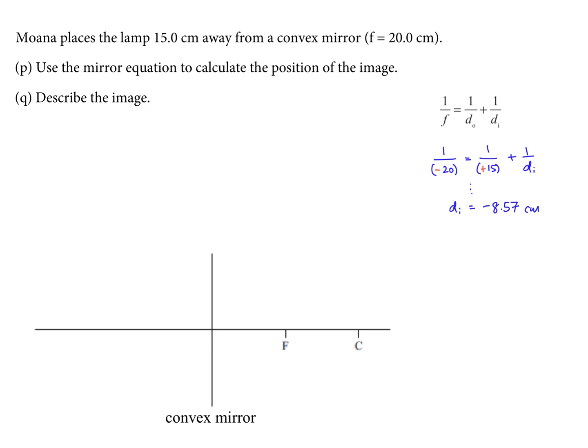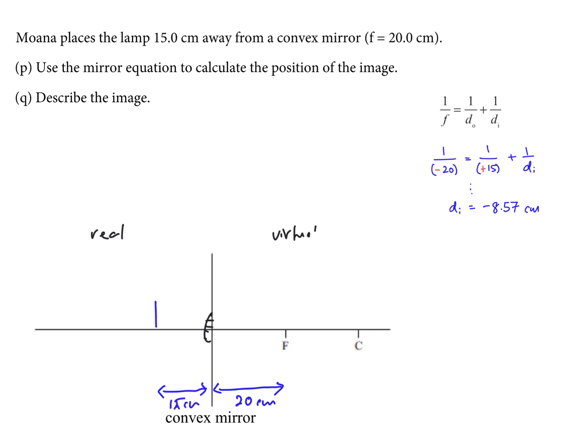Let's do that now. This is our convex mirror, this is our virtual side, and this is our real side. Let's put the object. Now we know that the focal length is 20 centimeters. So therefore, dO, which is 15 centimeters, is going to be somewhere around here.